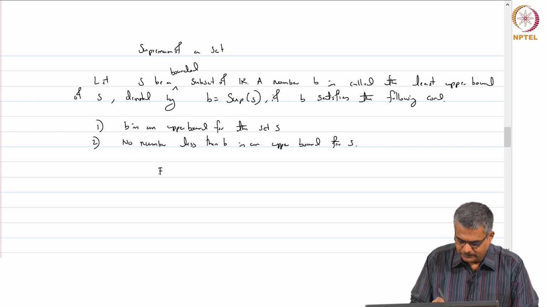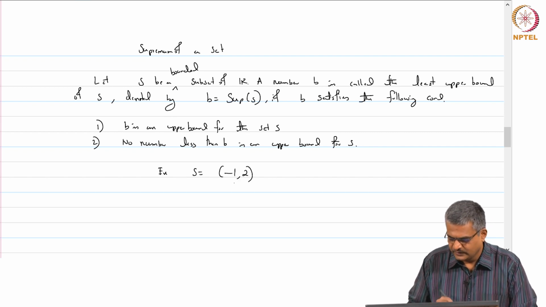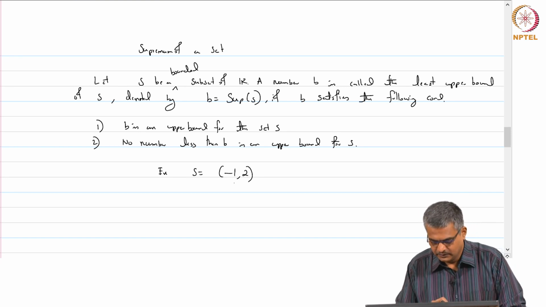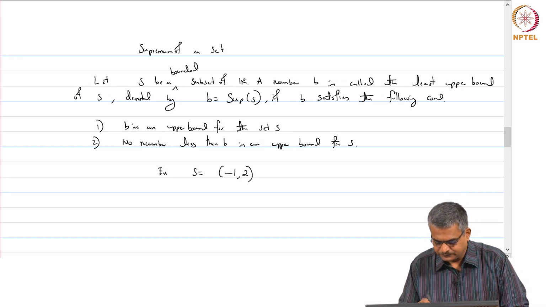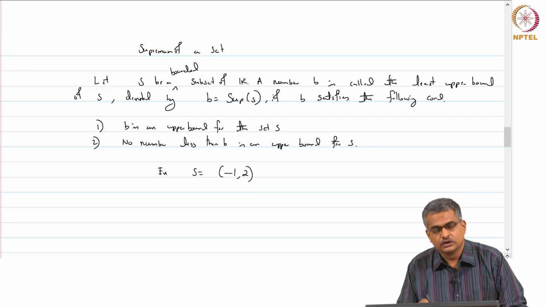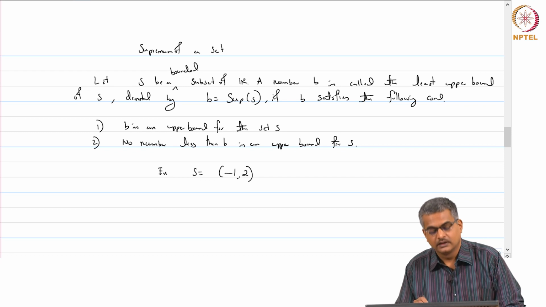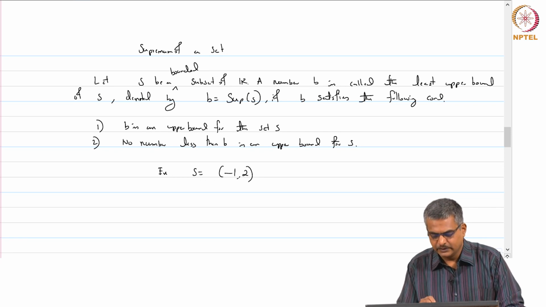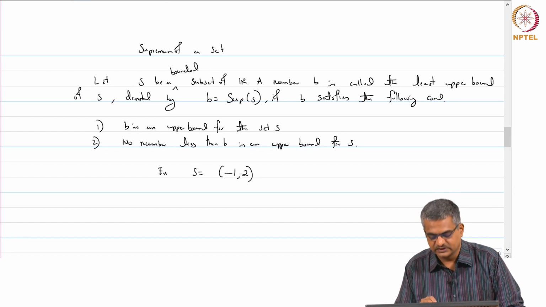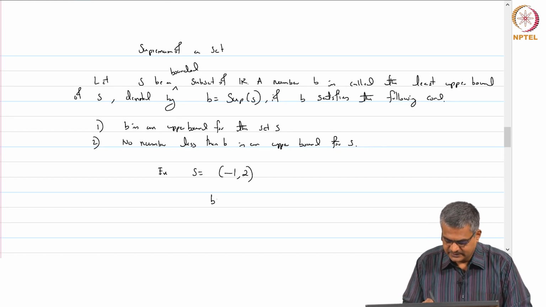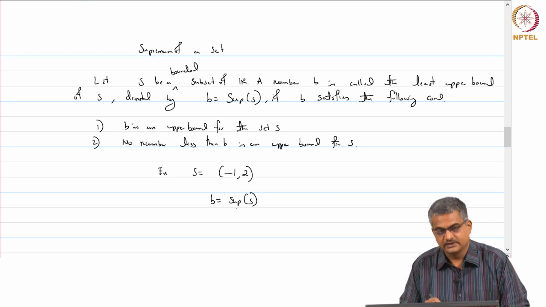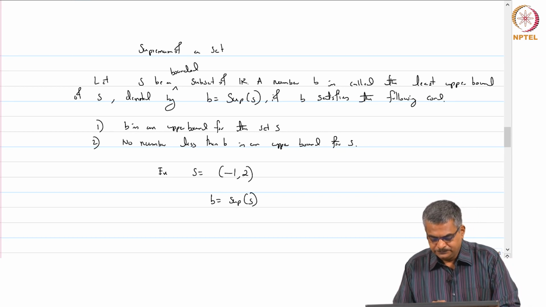So, to give an example, take S to be say -1, 2, it is a bounded set in the real line, right. So, the upper bound is 2 because there is no number lesser than B which forms an upper bound for the set S, right. So, here in this case B is supremum of the set S, right.